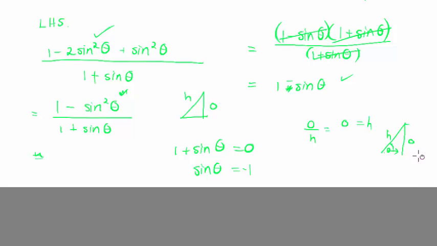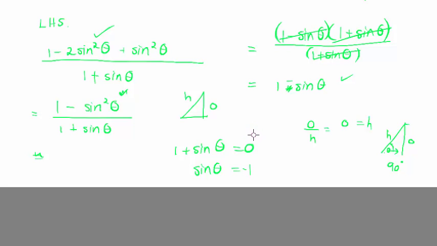The highest I can get is the ladder's length itself. What would be the angle that the ladder makes with the floor? It's vertically upwards. That is 90 degrees. So when is sine equal to 1? At 90 degrees. But 90 degrees is in the first two quadrants. So which angle is it going to be?